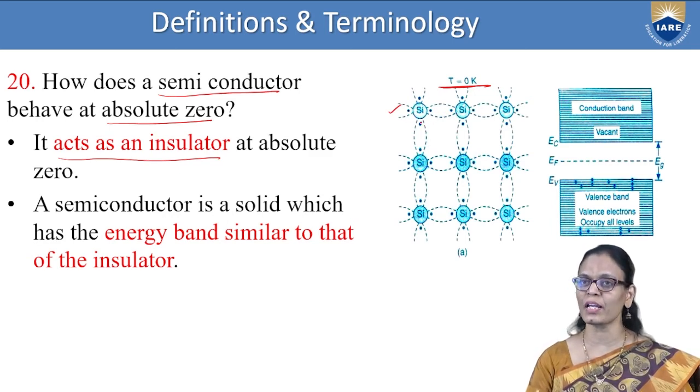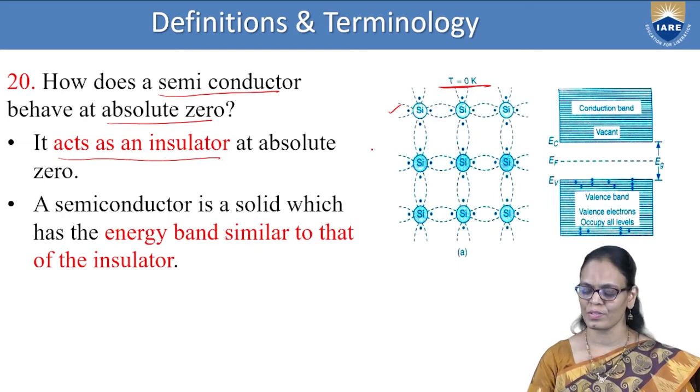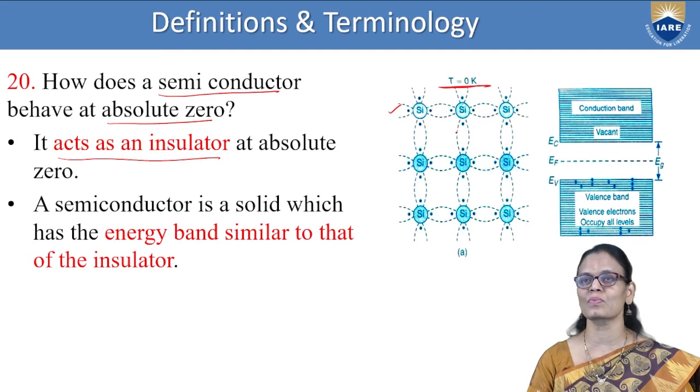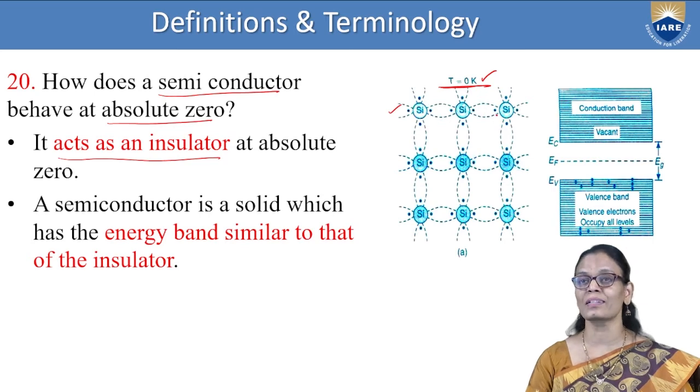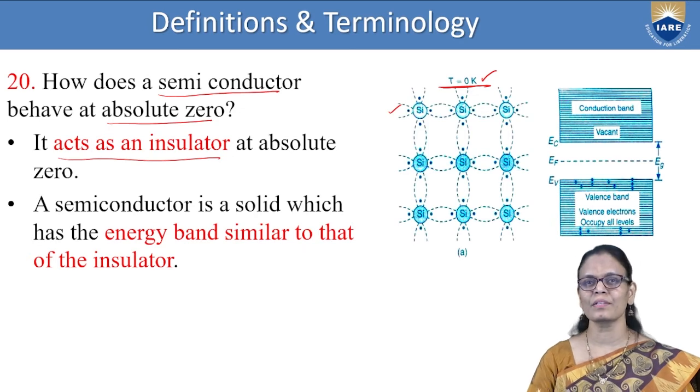By sharing electrons, they try to attain a stable configuration. At 0 Kelvin, all the electrons are tightly bound by covalent bonds and there are no free electrons. When there are no free electrons, there is no conduction, so it behaves as an insulator.